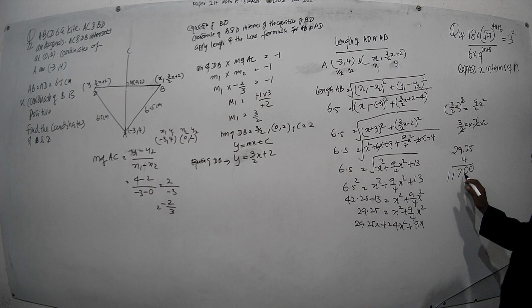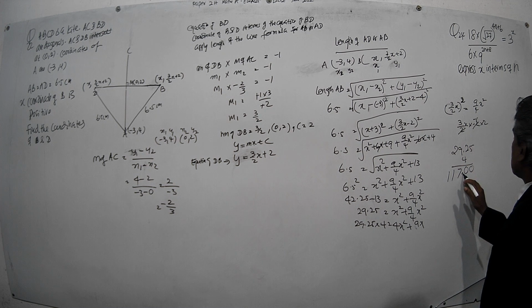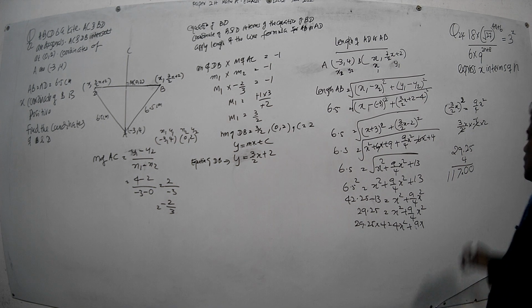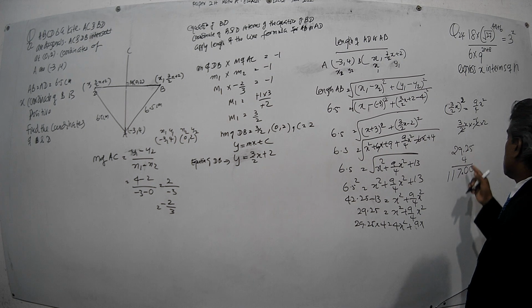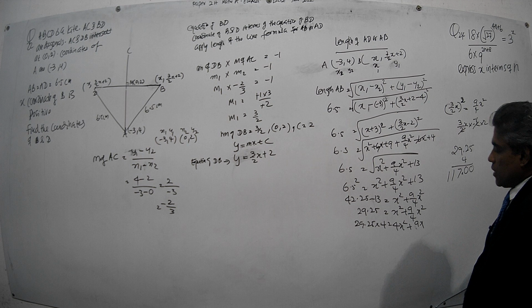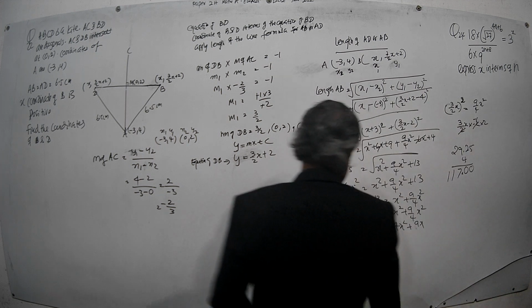So 1170. The number of decimal places in the two numbers multiplied is kept in the answer. Here there are 2 decimal places, so put 2 decimal places, then the 0 is useless. Then 117. Then this part is how much?